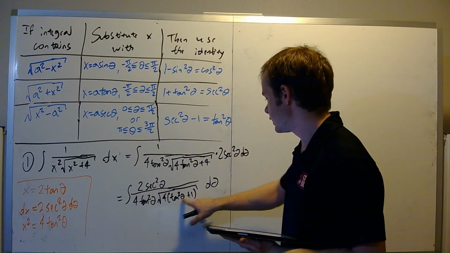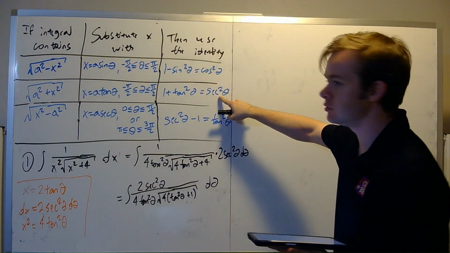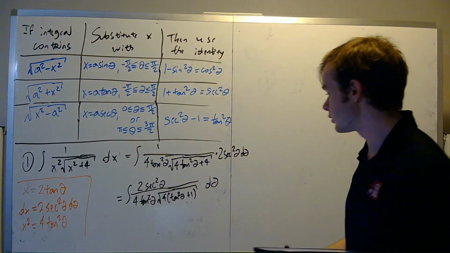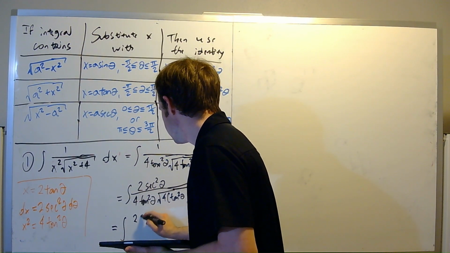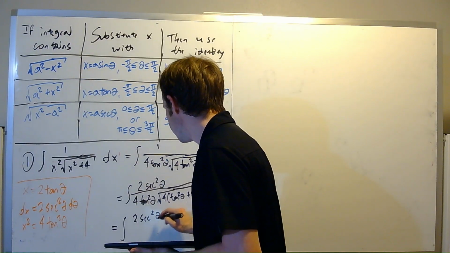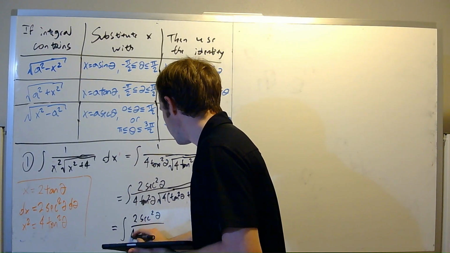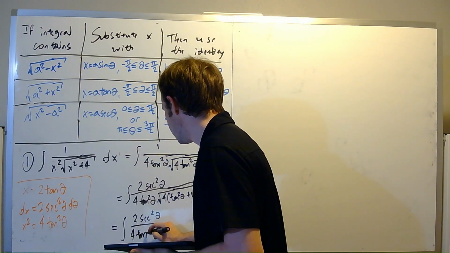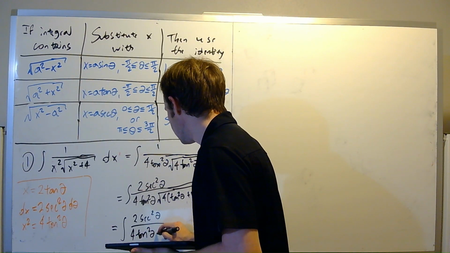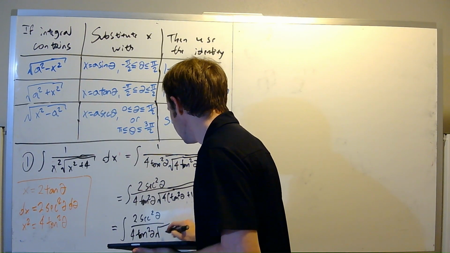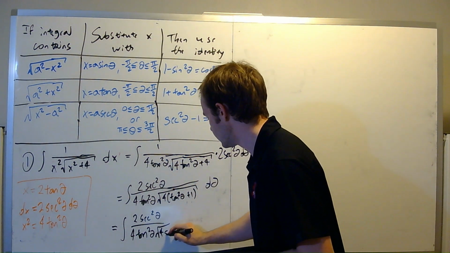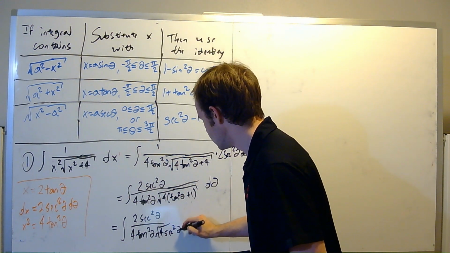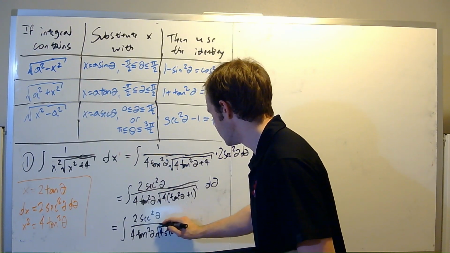And we see, well, tangent squared theta plus 1, it says to use that is equal to secant squared. So we'll do that. So we got the integral of 2 secant squared theta over 4 tangent squared theta times the square root of 4 times, we replace this inside part with secant squared theta, d theta.